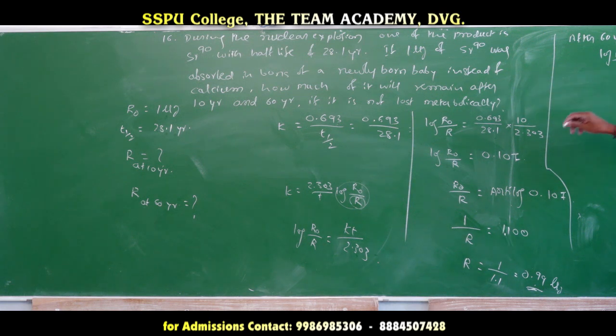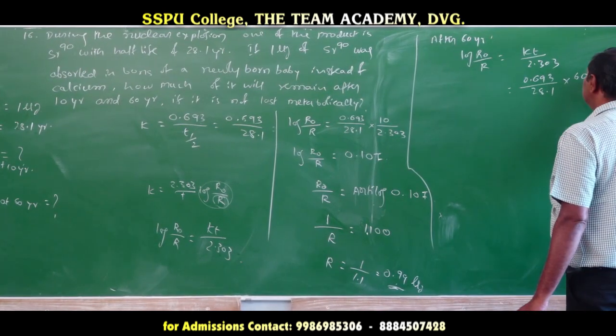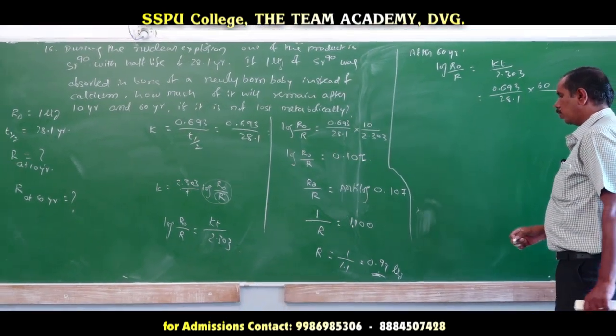What is the K value? 0.693 by 28.1, into T, after 60 years, divided by 2.303.